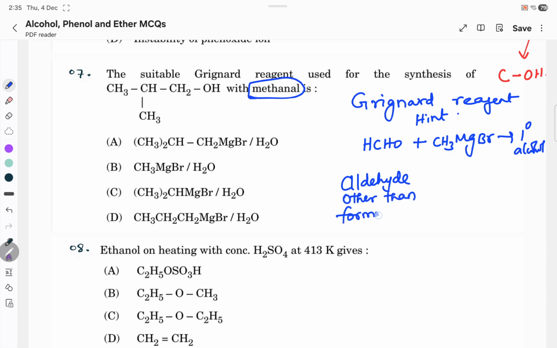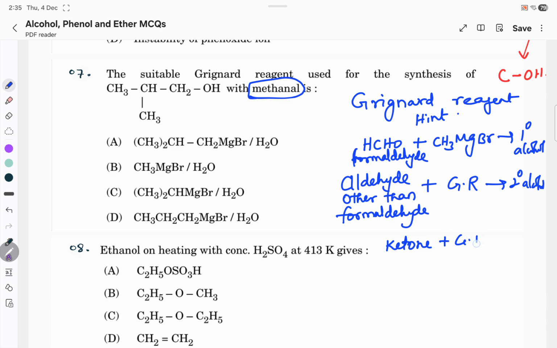If you take aldehyde other than formaldehyde with the Grignards, you will get secondary alcohol. And with ketone, Grignard will give tertiary alcohol. So this is the clue you have to follow.